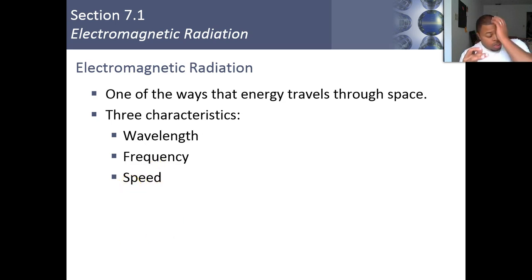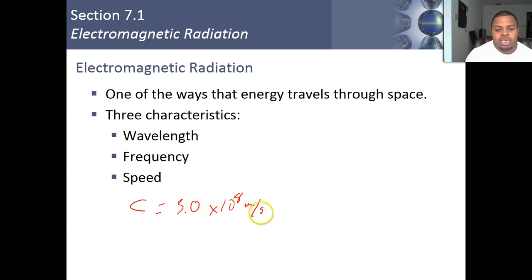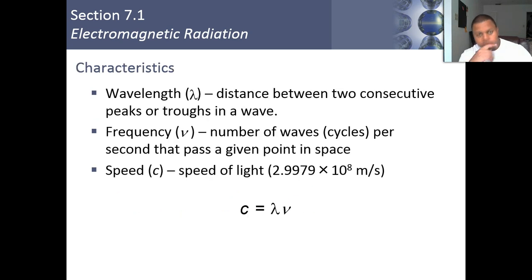It always has the same speed, which we call c, which is 3.0 times 10 to the 8th meters per second, the speed of light.